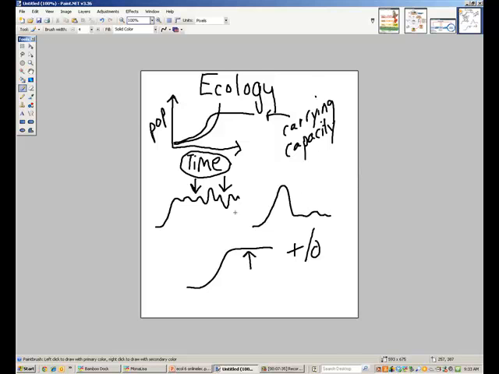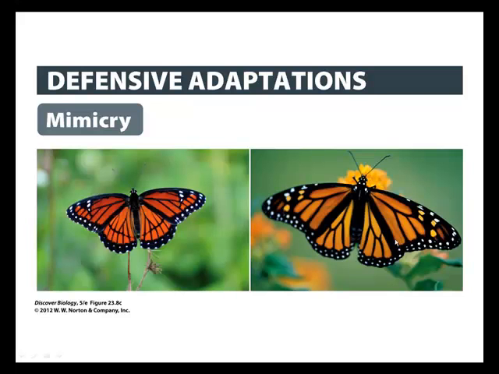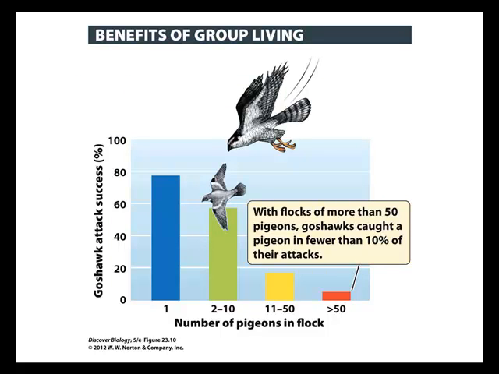Some examples of coevolution that your book gives you are, for instance, mimicry with defense adaptation. The monarch butterfly is toxic for predators, and there are other butterflies that have mimicked the coloration patterns even though they aren't toxic. You can also have a behavioral adaptation that's selected through natural selection, and what happens in these instances is that behaviorally they are stronger.